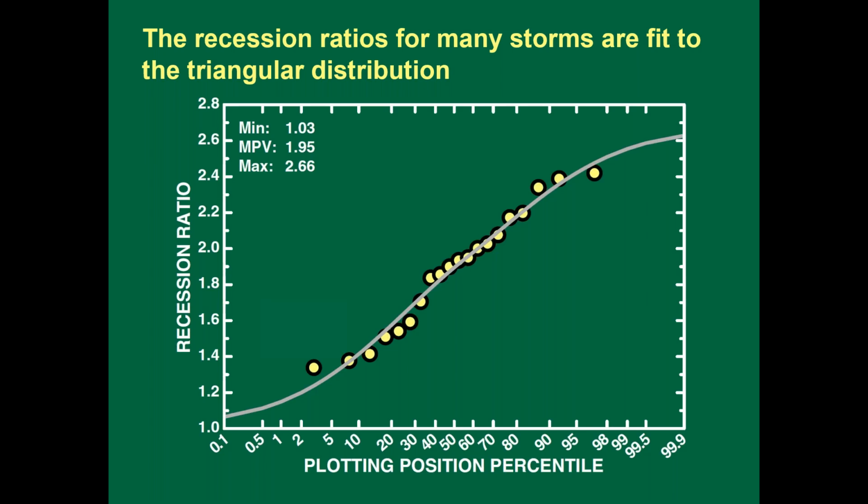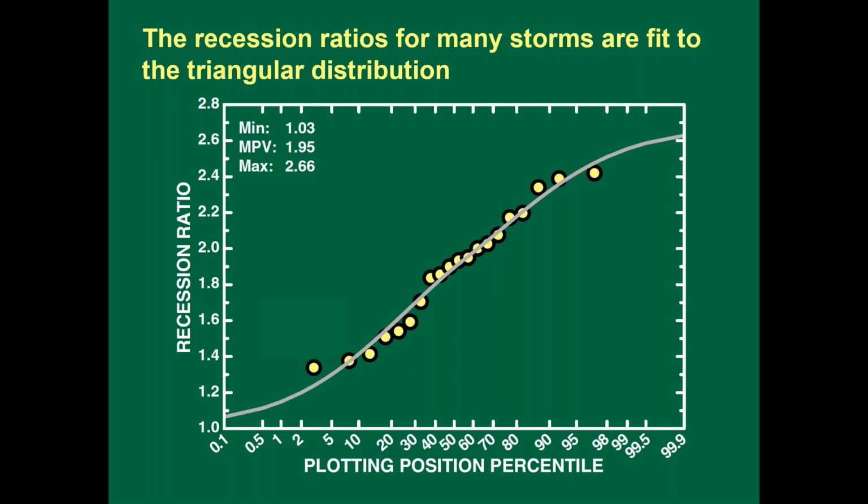So the final step for defining the statistics for modeling storm flows in SELDM is to fit a distribution of the recession ratios. In this graph, the plotting position percentile is on the horizontal axis, which is a probability scale. The recession ratio values are on the vertical axis. The numbers in the upper right are the minimum, most probable value, and maximum values for the best fit distribution.